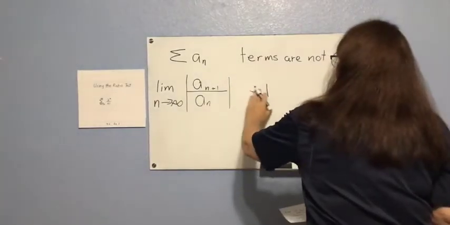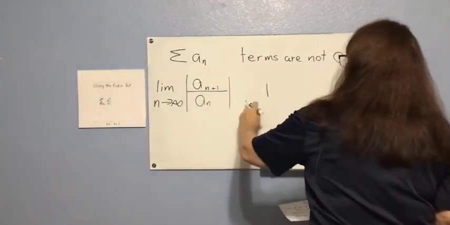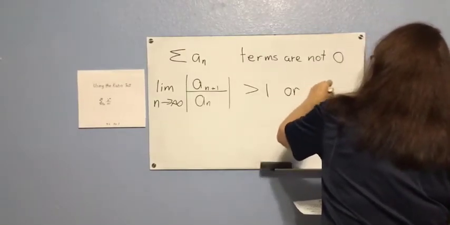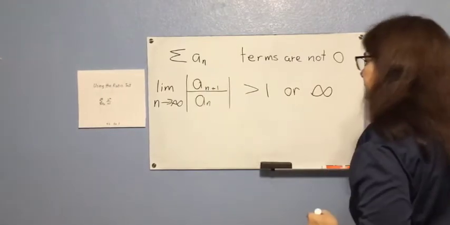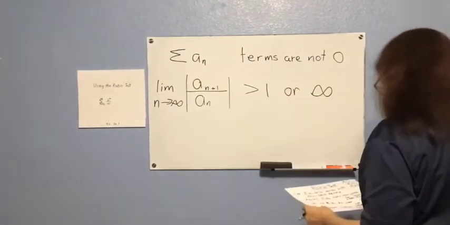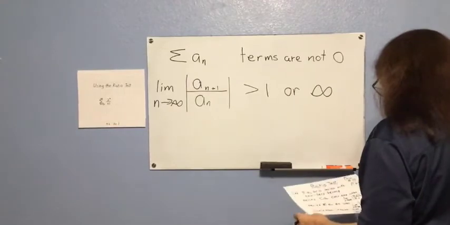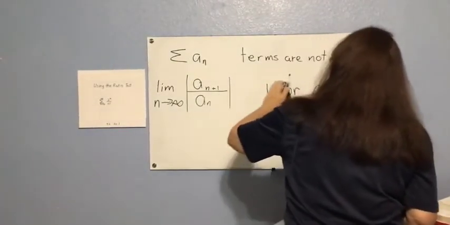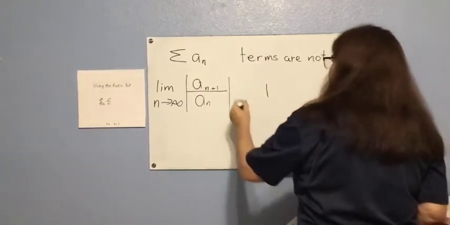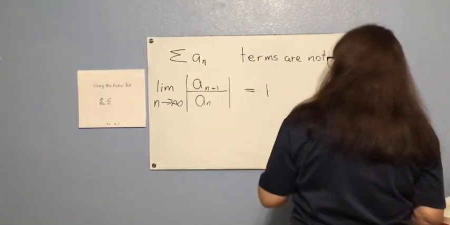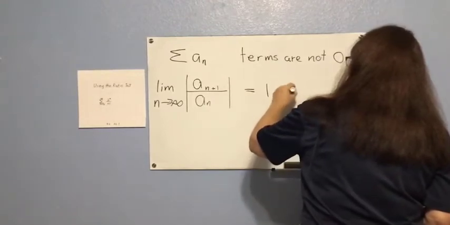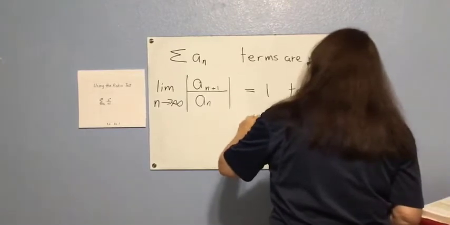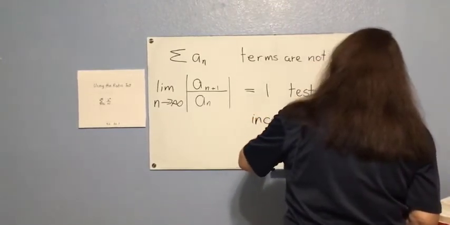If the ratio is greater than 1, or it's infinity, then the series diverges. And if this ratio is equal to 1, the test is inconclusive. It doesn't tell us anything.